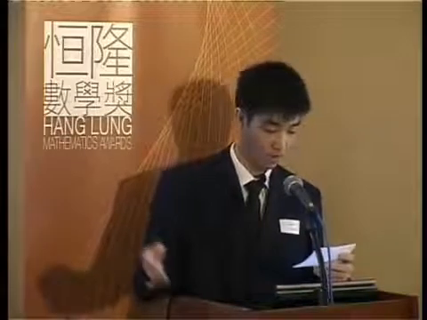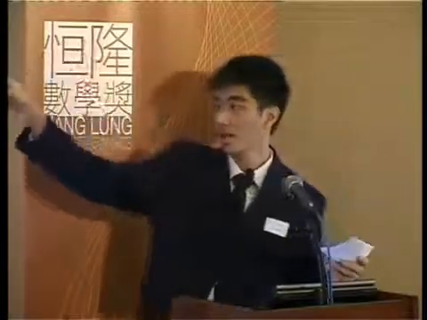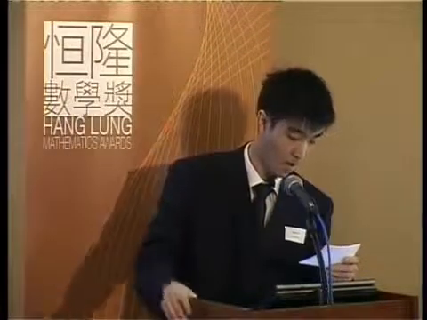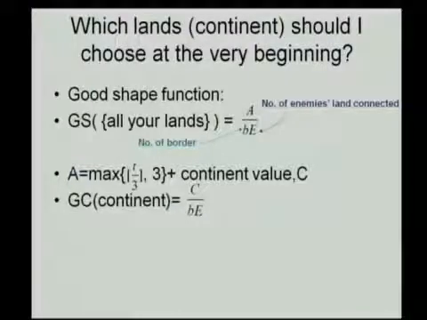We don't have time to explain it in detail, but with this fact, we can develop the GS factor, where A is the army you can add in your turn, and the equation is here.